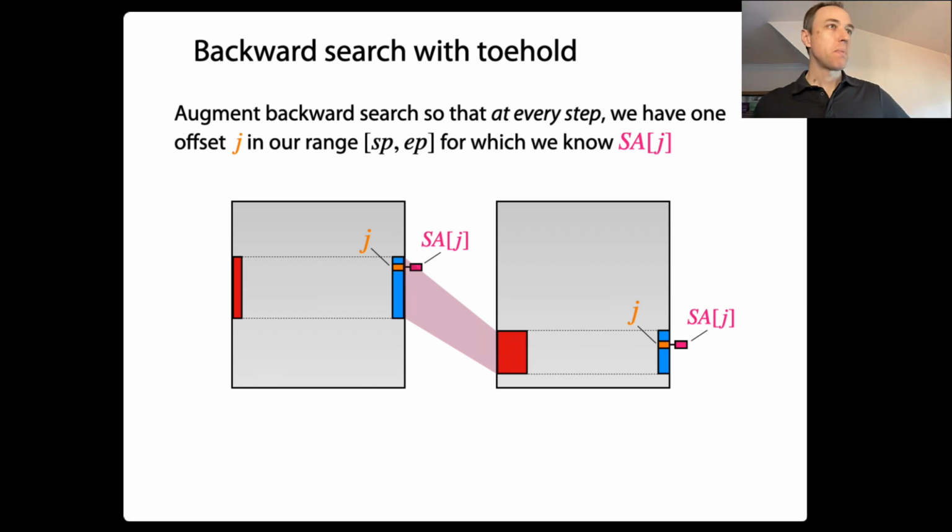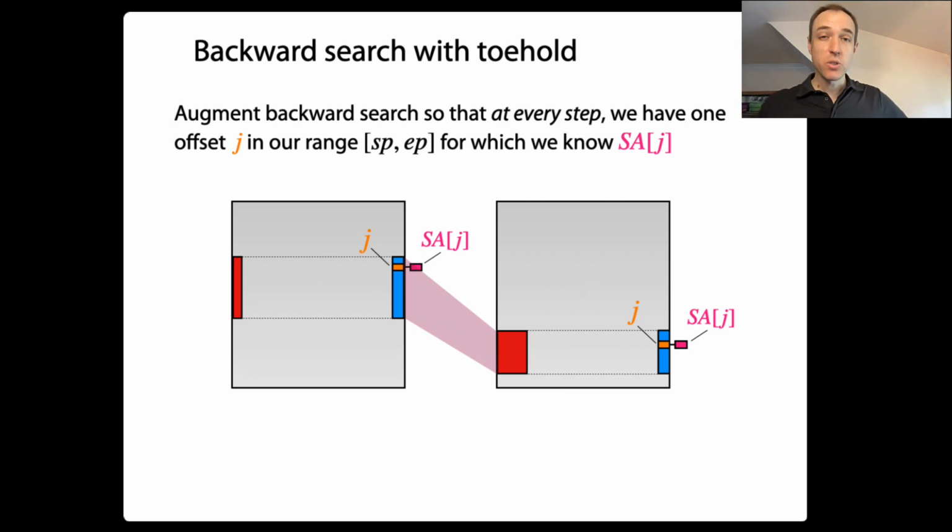Right? So a schematic of what we're going to do appears here. We need to augment backward search so that at every step, in addition to just knowing this range, denoted here and here, we want to know for one of the elements of the BWT in our range its suffix array entry. Okay. And we need this to be true at every step. At every step, we want to know the suffix array entry for some element in our range.